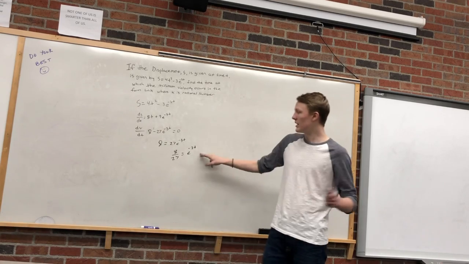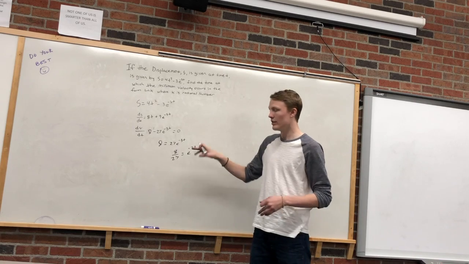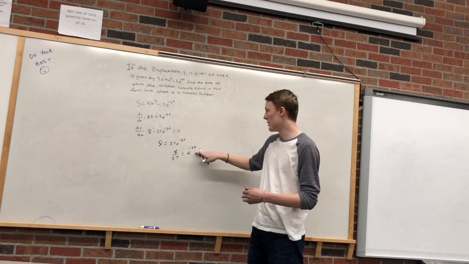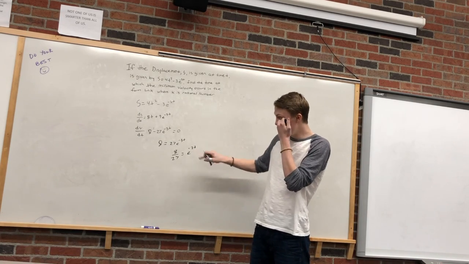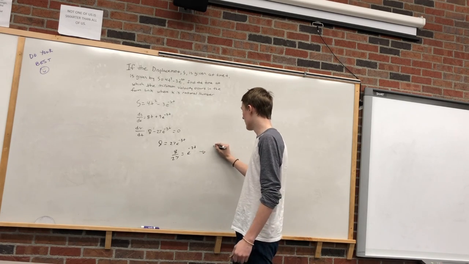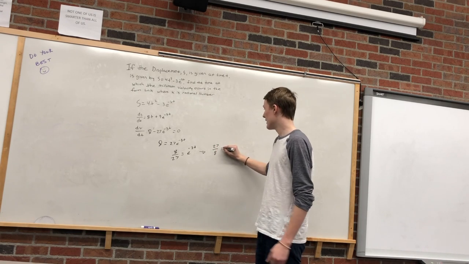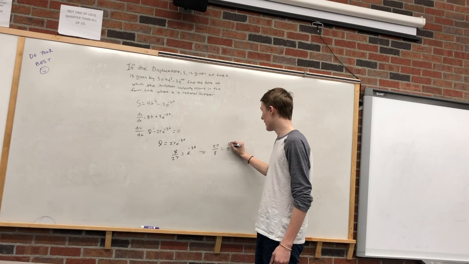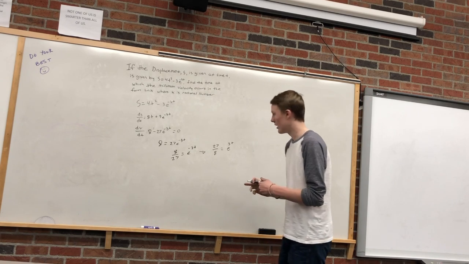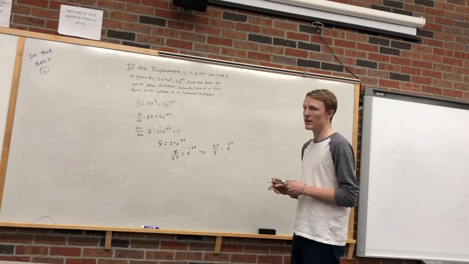Alrighty, and then you can take the inverse of it and make this a positive 3t. This will actually turn into 27 over 8 is equal to e to the 3t. Alrighty, and so now we are going to get the t by itself.